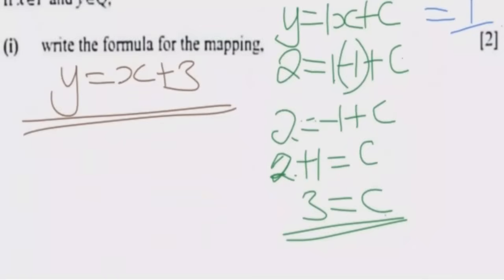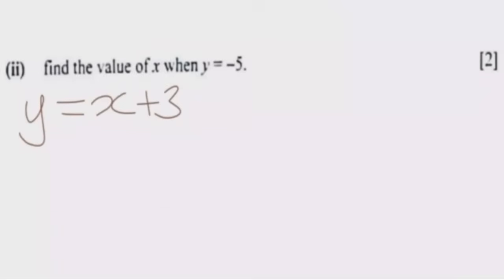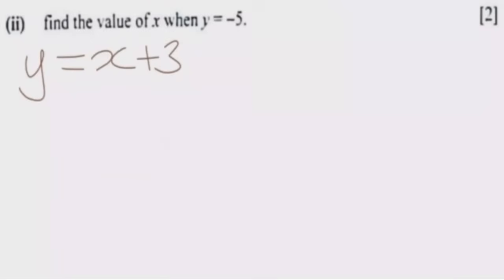Once we have copied the formula, we can find the answer. The question is find the value of x when y is equal to -5. So y is equal to -5, and we say -5 is equal to x plus 3.